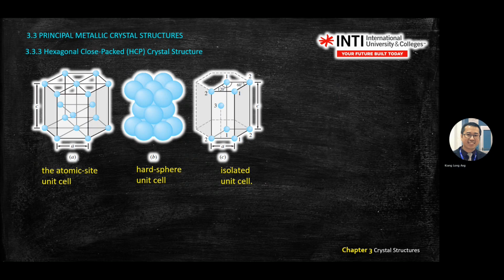These 3, you can temporarily ignore first because they are at the center of the 7 balls, right? So this is the A for HCP. Whereas the C is the height of the structure.